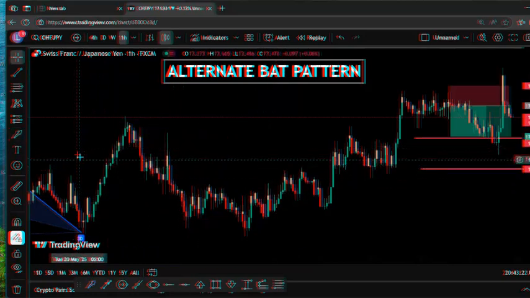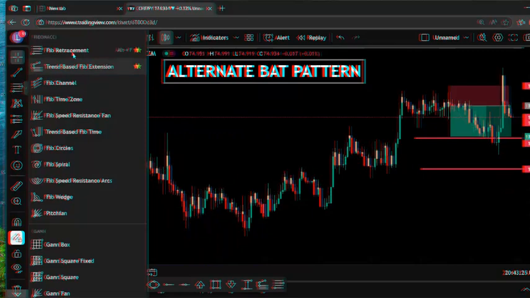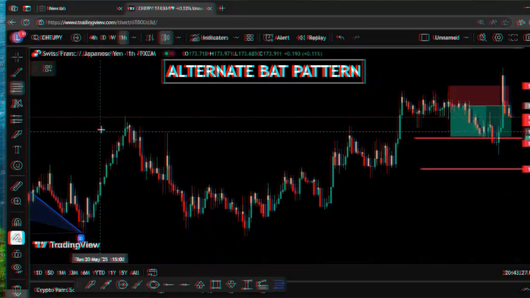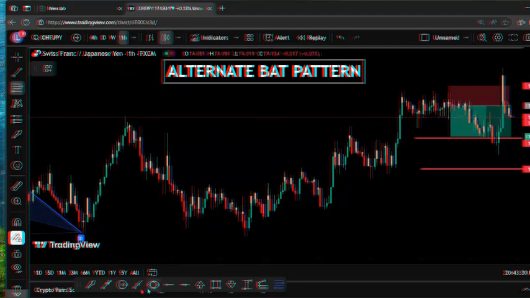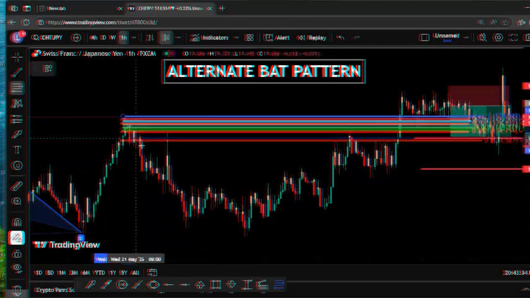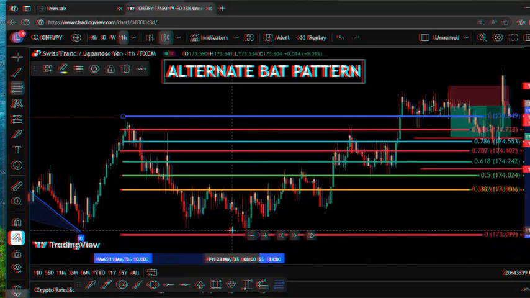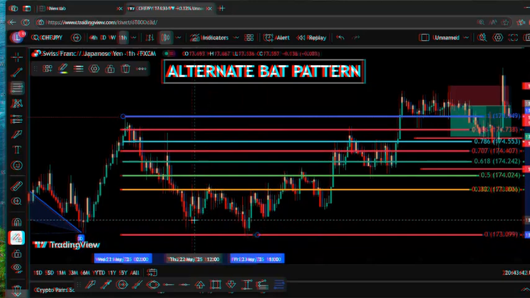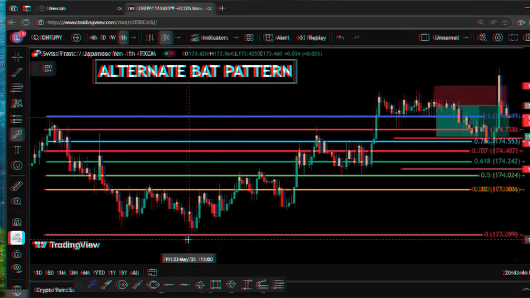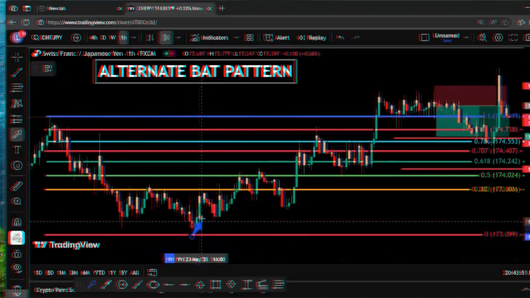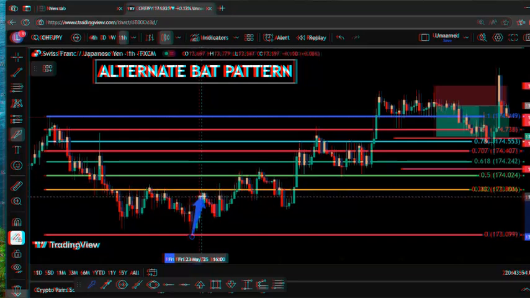So what I did was I took my fib retracement. I measured from the start of the impulsive leg to the downside, which is from here. Yeah. I measured to the end where it terminated, which was here. Yeah. So with the alternate bat pattern, the retracement to the upside, in this bearish variation, this pullback has to be 0.382.